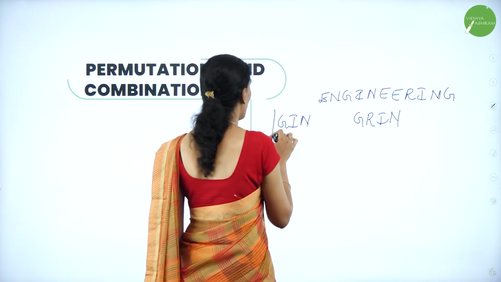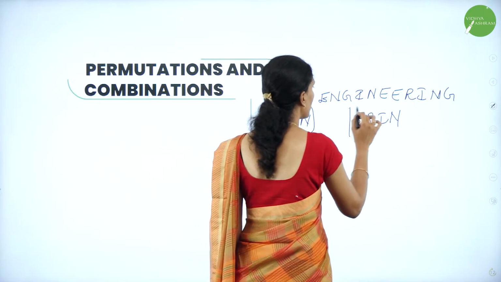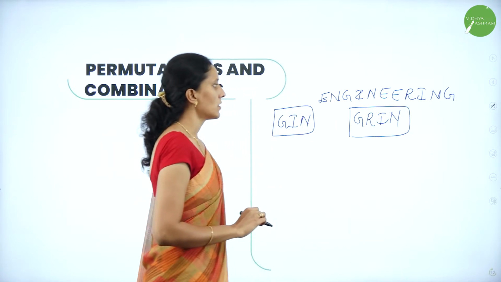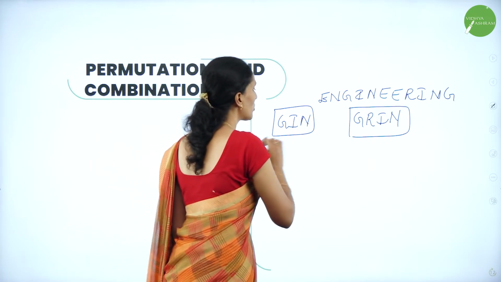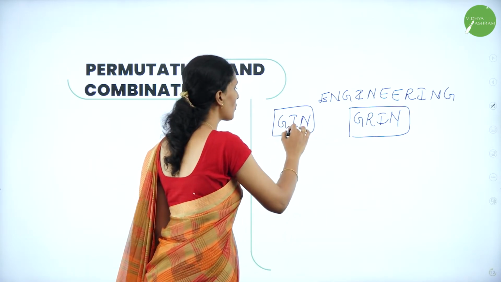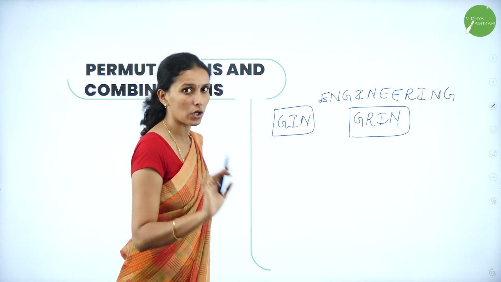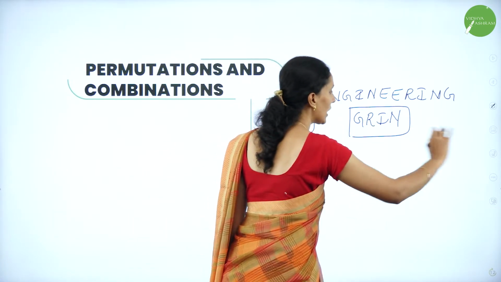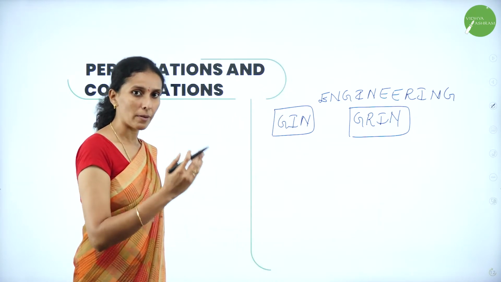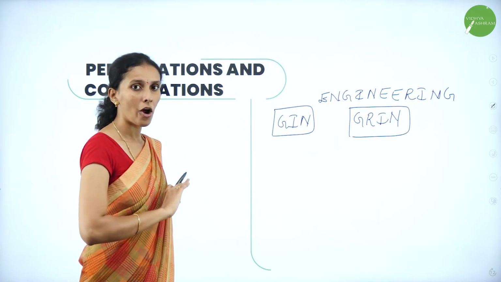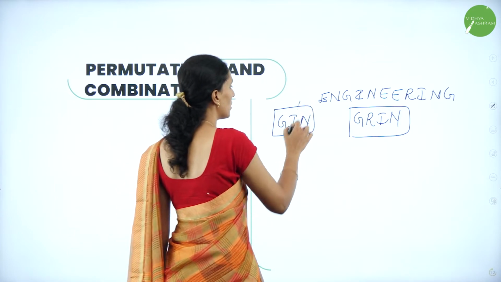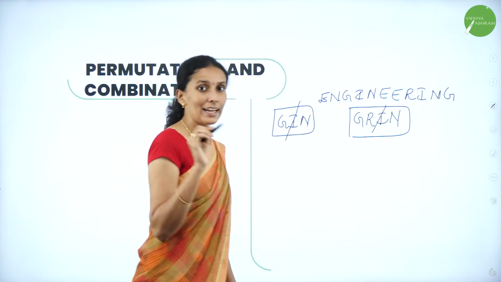So tie them as one unit. Here, they should begin with GIN means all the letters of the first 3 places are fixed, so you should not take it in count. And end with GREEN means all the 4 places from the last are also fixed. You cannot alter them, so you should not take it in count.